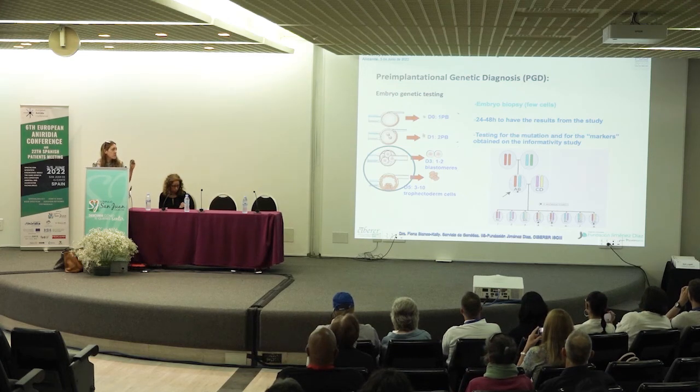This is very important. It's called informativity studies, and generally requires testing not only the patient and the partner, but also the parents of both of them, in order to be sure that we don't make a mistake when we are selecting an embryo.